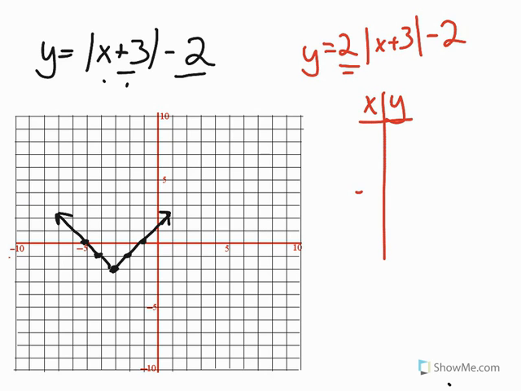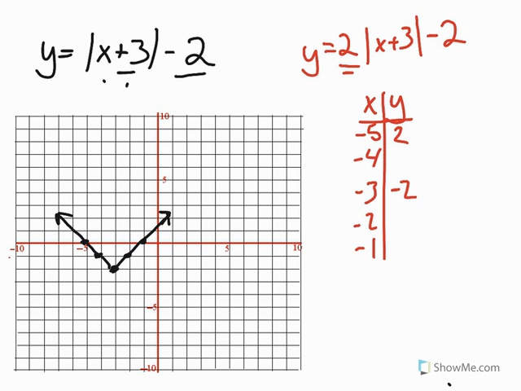Again, the vertex is still at -3, -2. And so I'll go 2 points to the left and 2 points to the right. When I plug the -5 in, I get -5 plus 3, which is -2, and the absolute value of that is +2, times 2 is 4, minus 2 is 2.